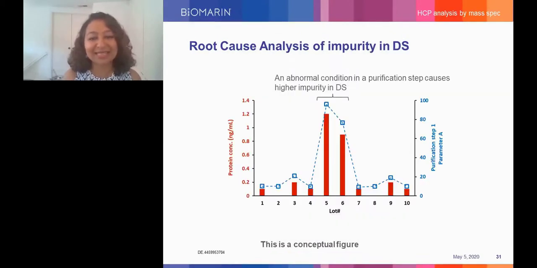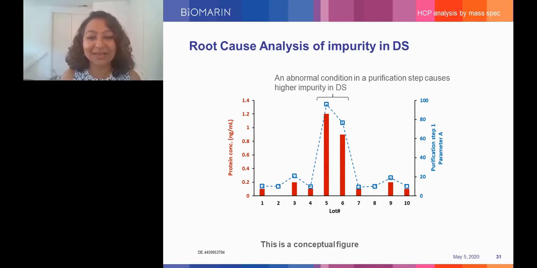As shown in the next example, we've chosen one purification step parameter on the right, and you can see the blue signal actually goes up for lots 5 and 6. So we can tell that lots 1, 2, 3, 4, 7, 8, 9, 10 are okay, but there is something going on with lot 5 and lot 6.